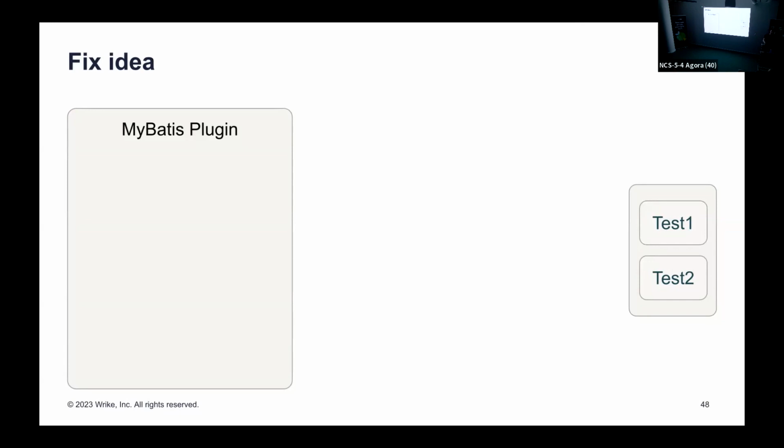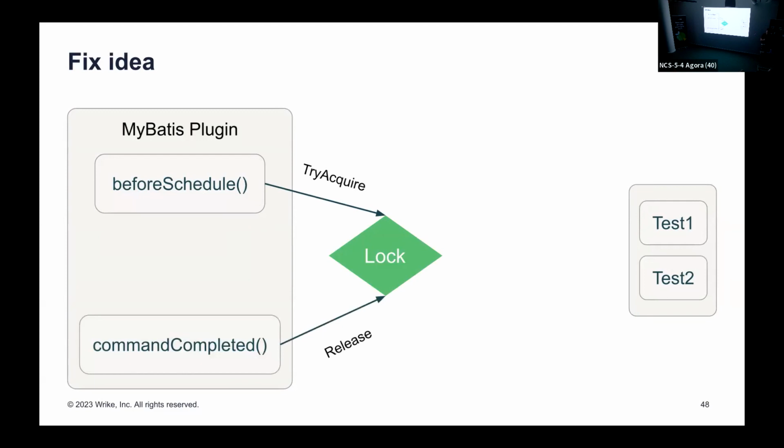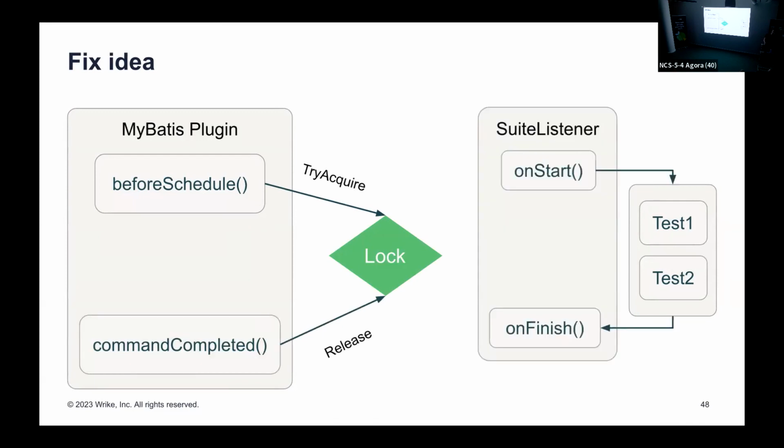So for this, we will introduce a lock, as is usually done. And we will use this lock, try to acquire it before the command is scheduled, and to release it after the command is completed.